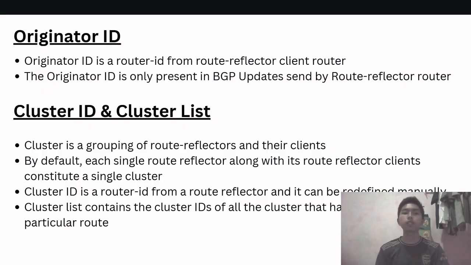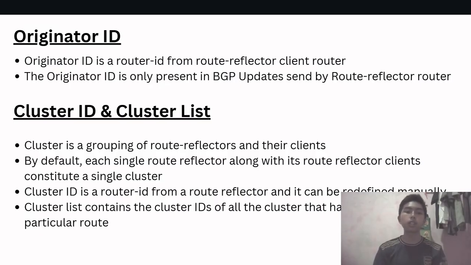First, originator ID is actually the router ID of the route reflector client router, and the originator ID is only present in BGP updates sent by the route reflector router. And the other one is cluster ID and cluster list. A cluster in the terminology of IBGP is a grouping of route reflectors and their clients.